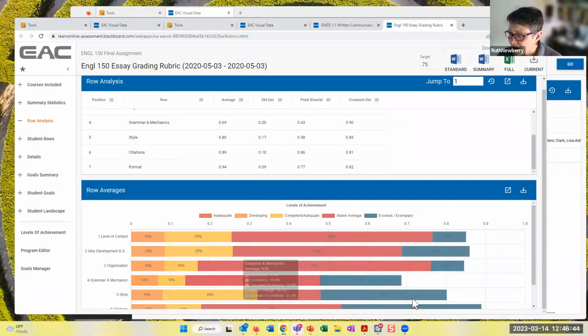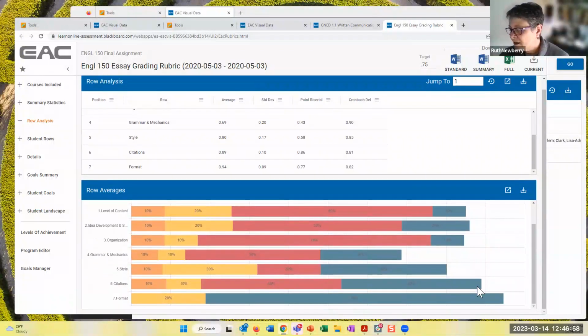Most of my students are at that higher range, which means even my poorer students on content and ideas are doing well in this area. I'm scoring them in such a way. And the format, look at this one. There's hardly any differentiation there between low scoring and high scoring.